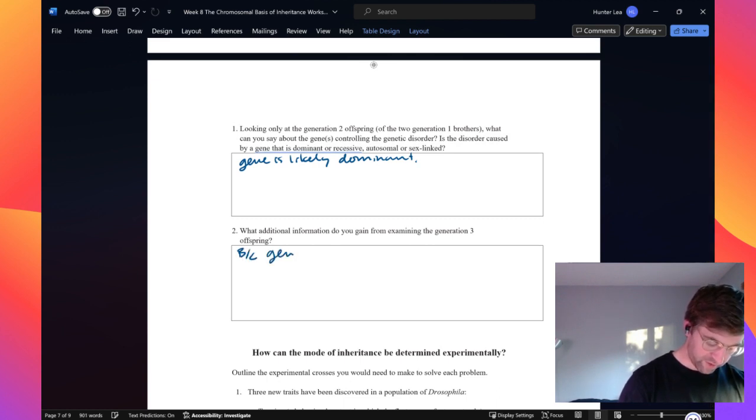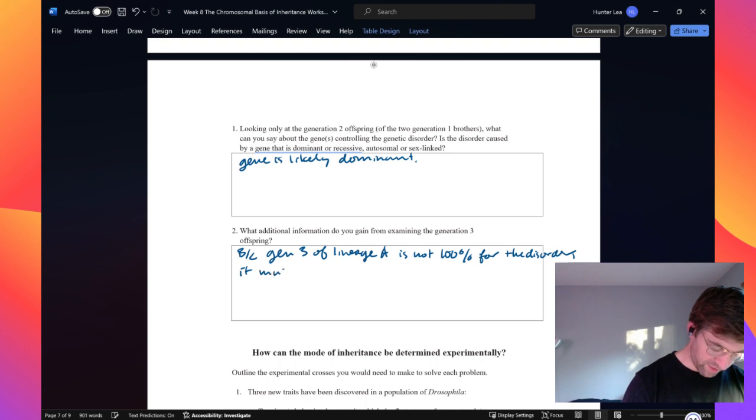Because gen 3 of lineage A is not 100% for the disorder, it must be dominant.